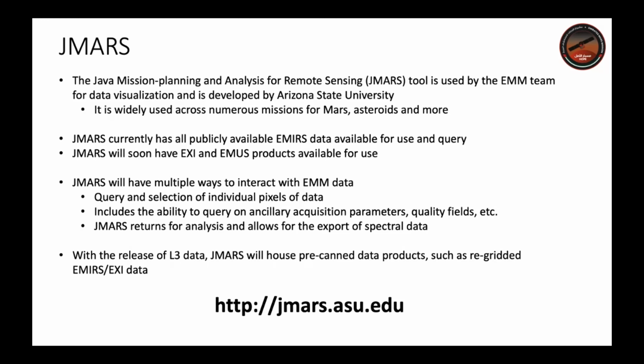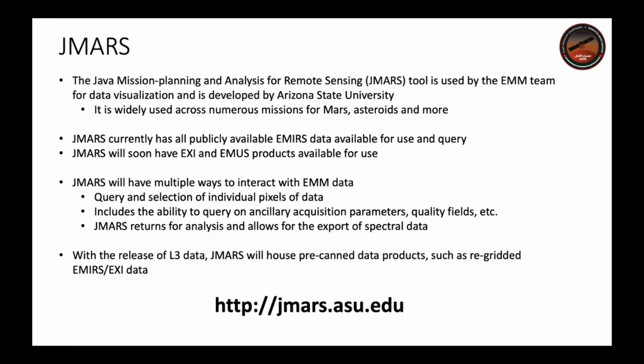So you have multiple ways to interact with EMM data in JMARS. For EMIRS specifically, since that's the one that's available, I'll talk to that mostly. You have the ability to query the data by pixel. We know that EMIRS takes data over many local times and a complicated set of observational geometries. And you can say things like, I want only the data between 3 a.m. and 5 p.m. for this time when it was acquired, with these parameters, et cetera.